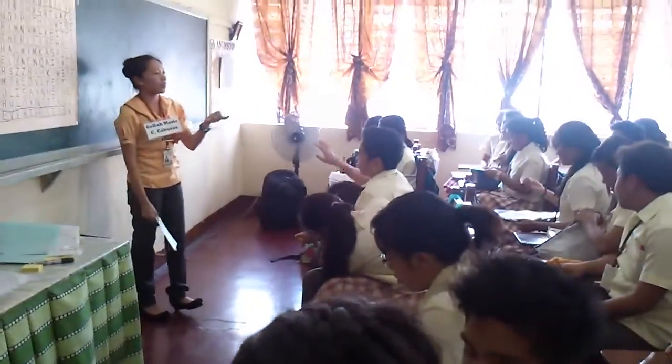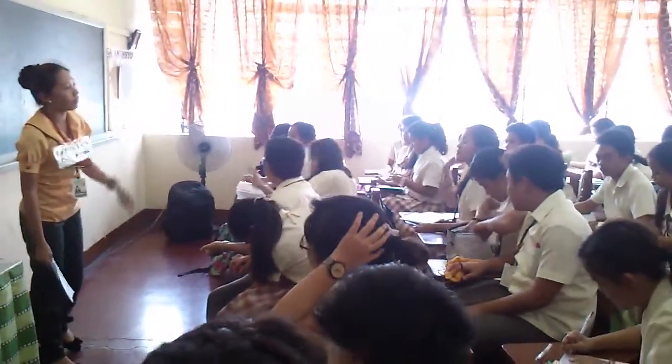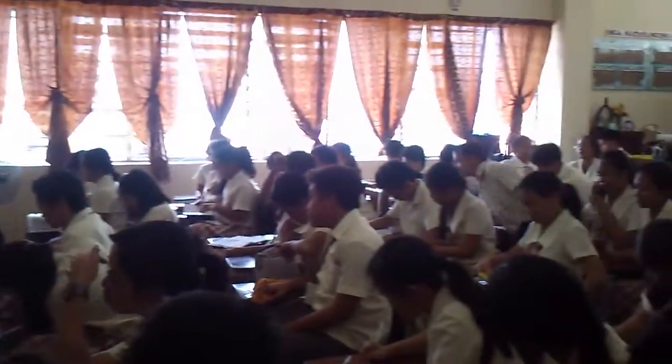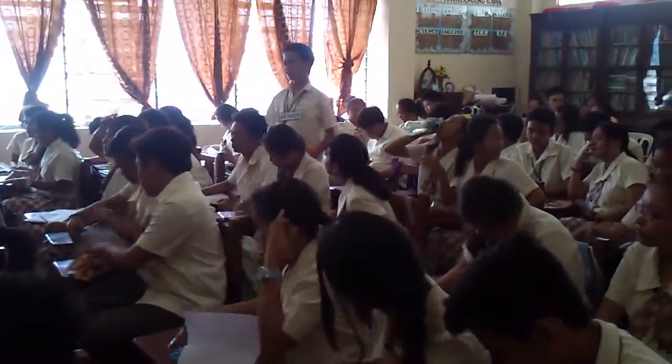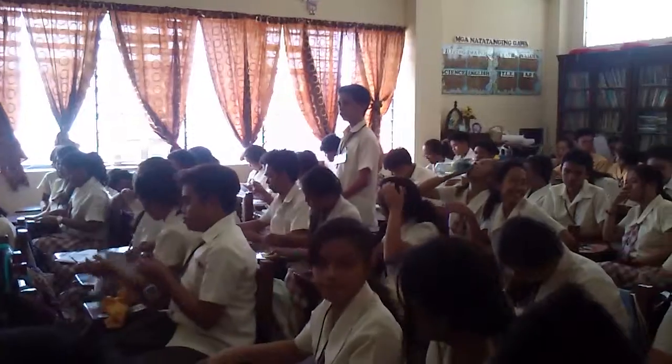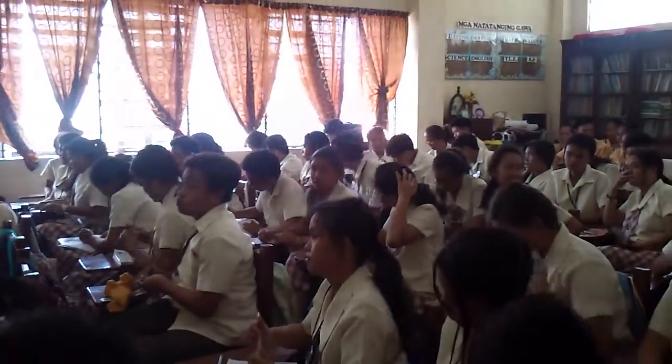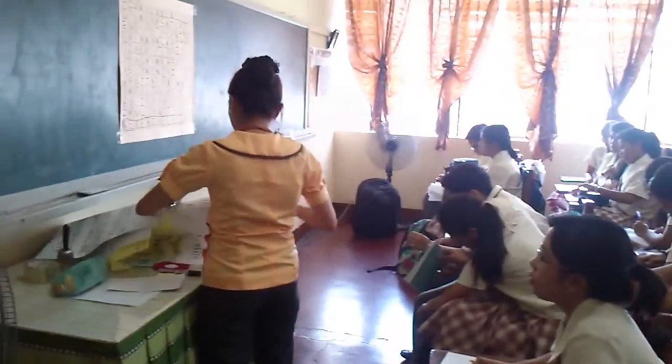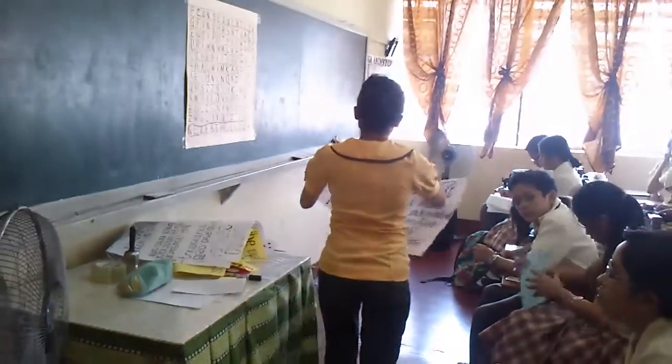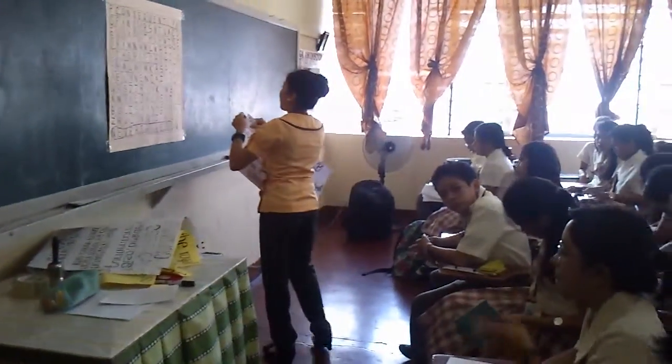Now, any of you has an idea what a conjunctive adverb is all about? I'd like to call Daryl. Conjunctive adverbs are adverbs that connect two sentences. Okay, a conjunctive adverb is an adverb that connects or joins two sentences together.